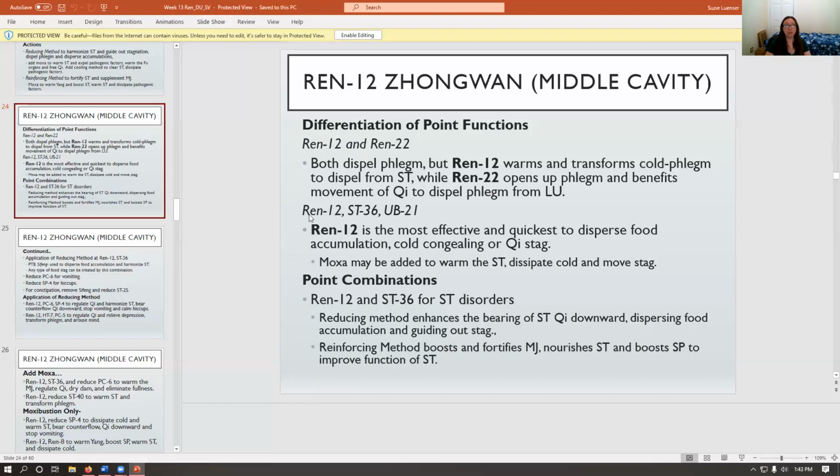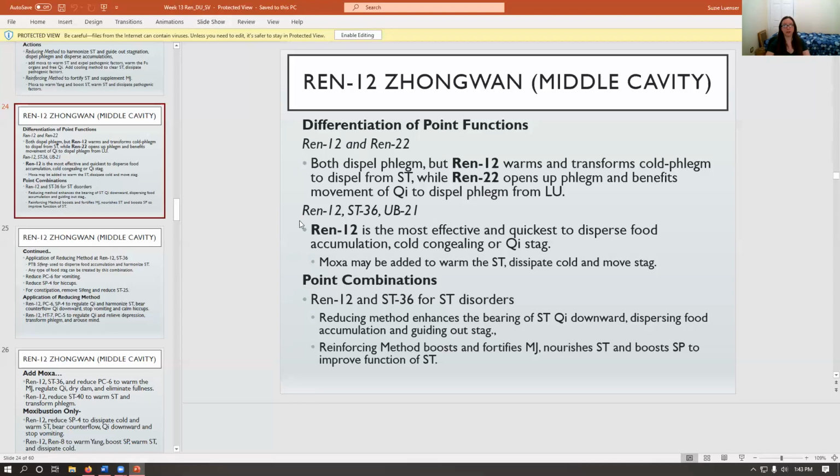All right, Ren 12, stomach 36, UB 21. Ren 12 is most effective and quickest to get rid of food stagnation and cold. That is what it is the most effective at. You can also add moxa. And then with Ren 12 and stomach 36, you are often going to be combining these.